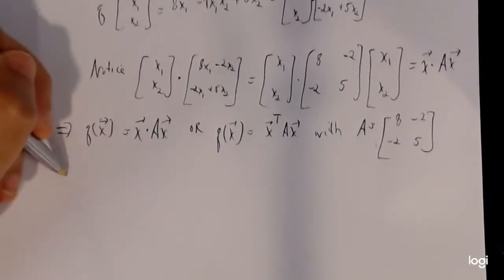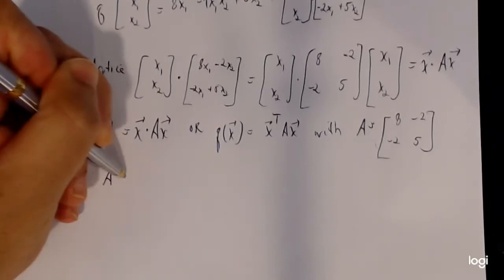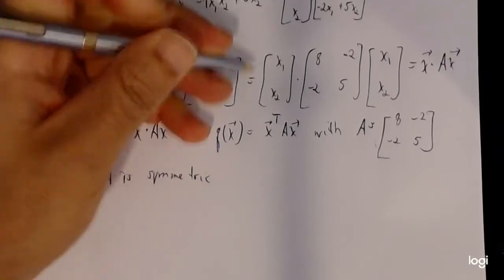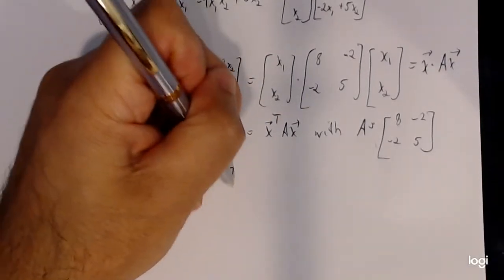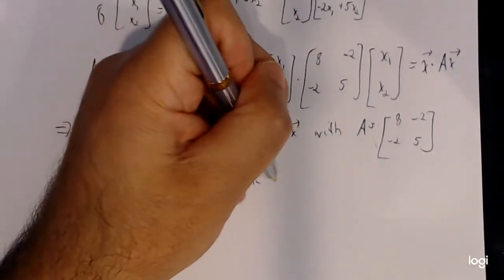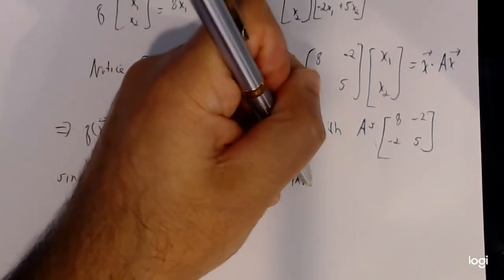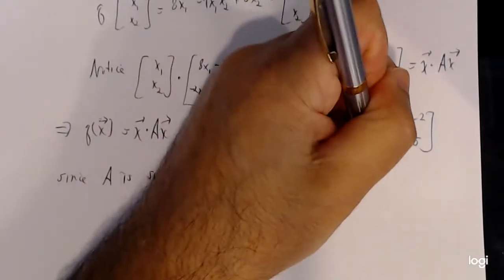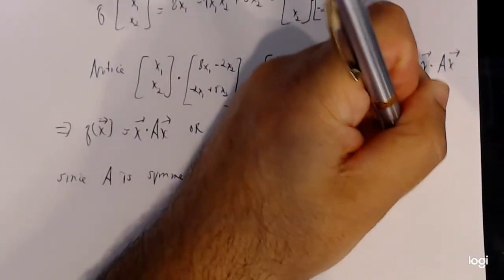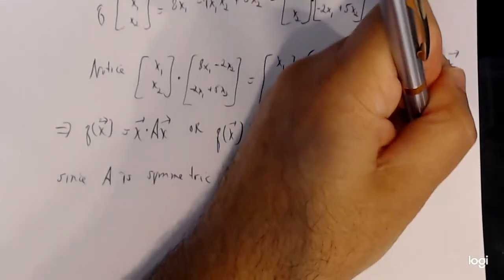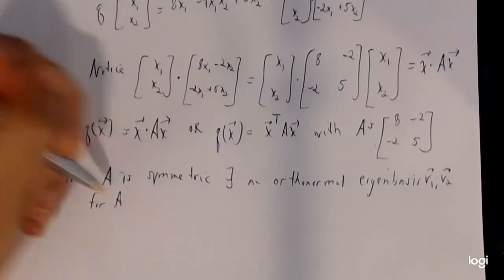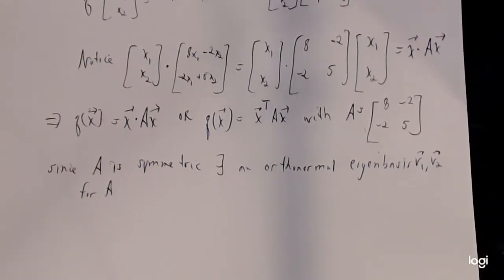So we would say that since A is symmetric, we know that there exists an orthonormal eigenbasis v sub 1, v sub 2 for matrix A. Okay, so let's go after that.